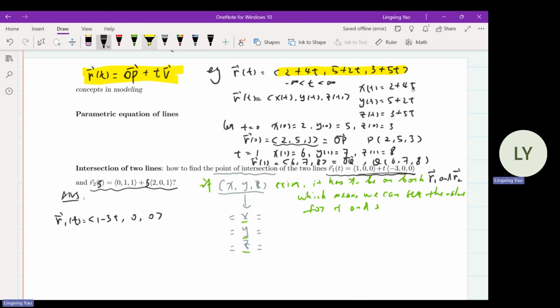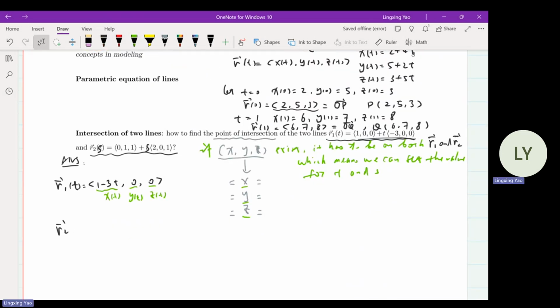We should note this is x of t, this is y of t, and this is z of t. And also we have R2 of s, because it is using s as the parameter.